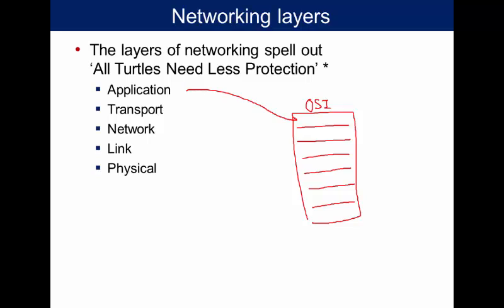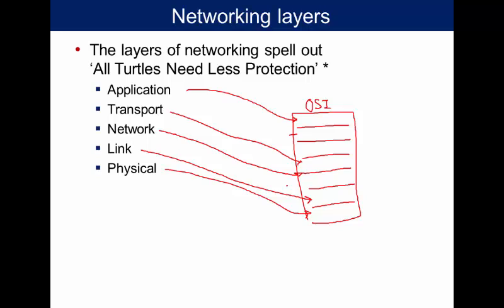OSI has an application layer and a physical layer, the data link layer. And there's a session layer and presentation layer somewhere here, right? Presentation layer, session layer, and then transport and network layers together somewhere here. I don't remember precisely, but somewhere there.